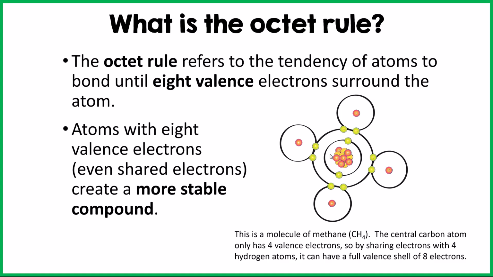It has 6 electrons, there's 2 core electrons, and then 4 in the outer shell. So by sharing electrons with 4 different hydrogen atoms, it can have a full valence shell of 8 electrons. And that's also helpful for hydrogen because now it has a full valence shell of 2 in that first energy level.